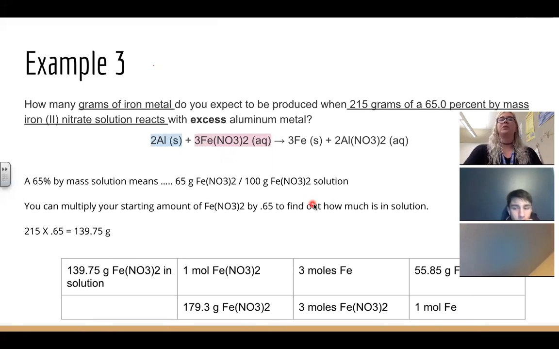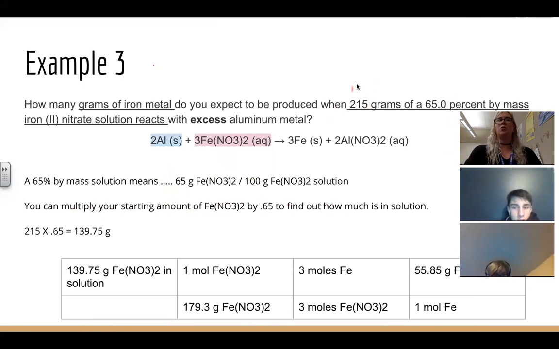All right, so you can also multiply your starting amount of iron(II) nitrate by 0.65, in other words, finding 65% to find out how much of it is in the solution, right? Because they're telling us that there's 65 grams per 100 grams of solution.